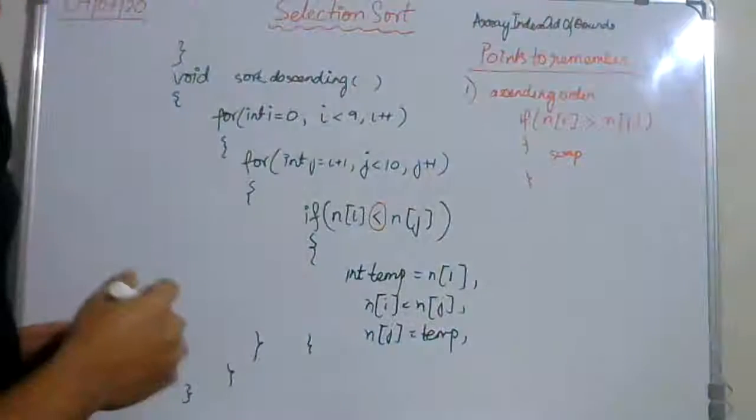So for ascending order, we'll have if n of i is greater than n of j, swap.